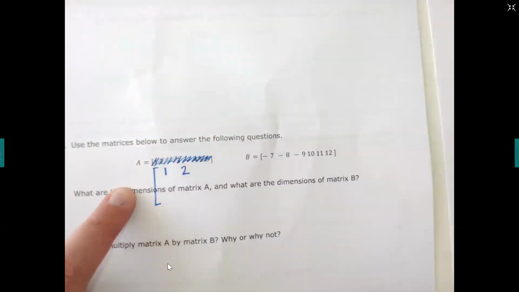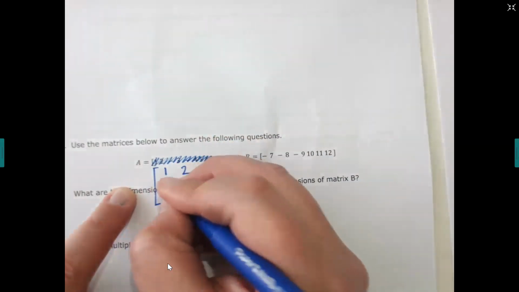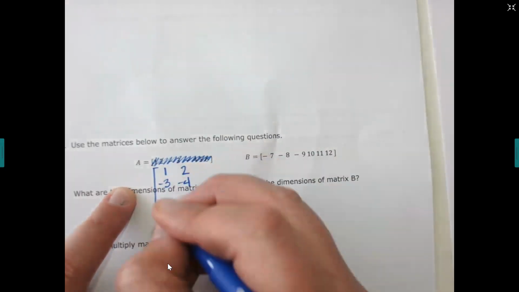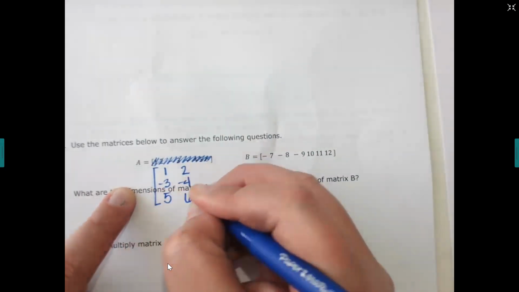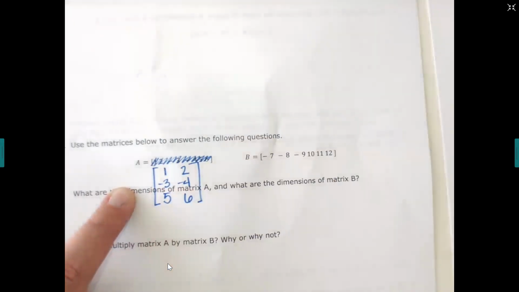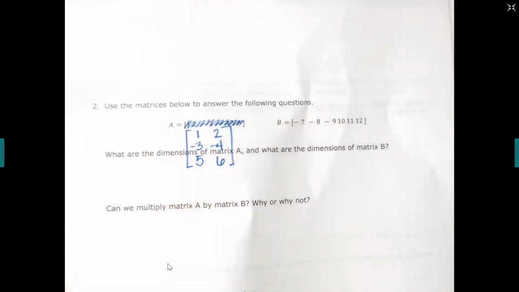1, 2, -3, -4, 5. Okay, so if you'll just go ahead and fix that on number 2, and we're gonna have to do it for several of the questions.